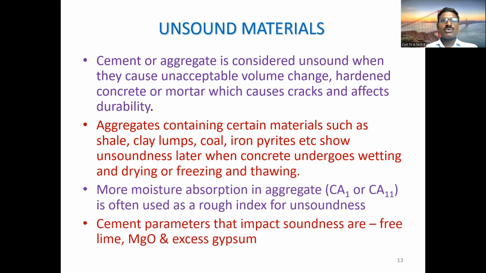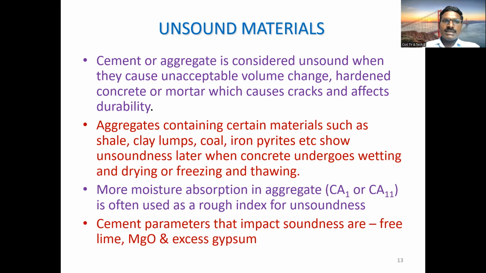Then unsound materials. Which are the unsound materials? Cement and aggregate are considered unsound materials. Why? Because they cause unacceptable volume change in hardened concrete or mortar, which causes cracks and affects the durability. Why are we calling cement and aggregate unsound materials?